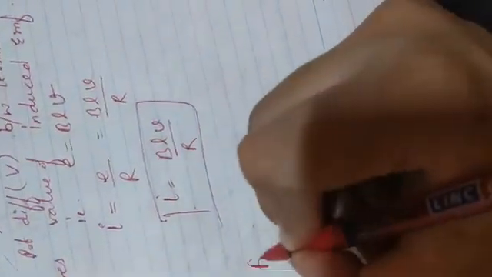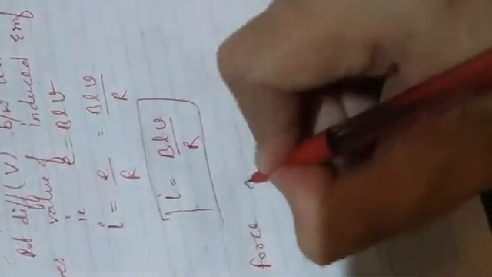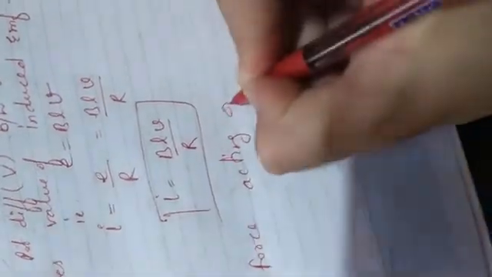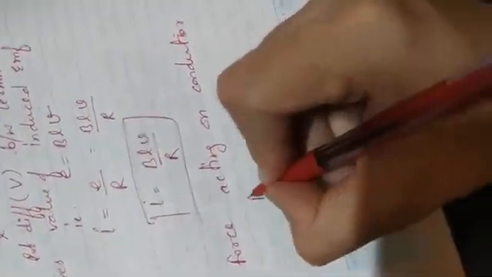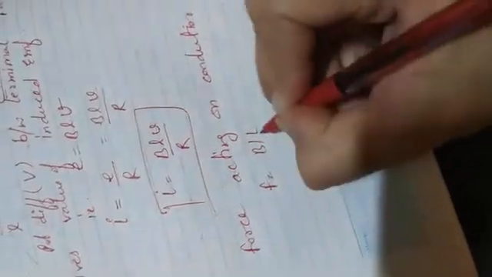Clear? Now, next, from here we can find the force acting on the conductor PS: F equal to BIL.